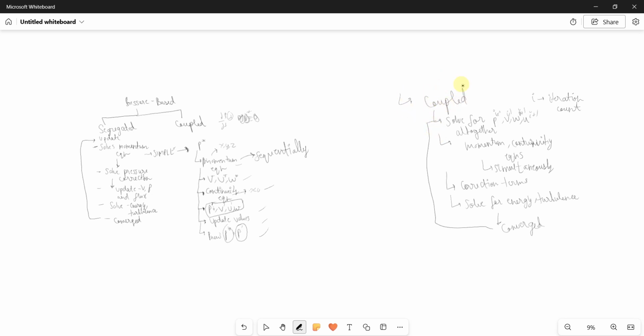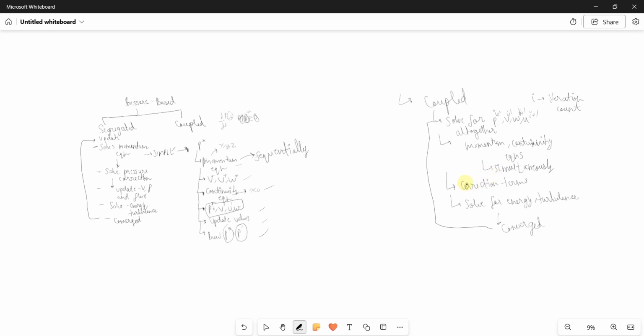So the segregated one happens sequentially. That's why it's called segregated. So it's slower. Your coupled is where you are solving for p, v, w, u, and any parameters. It's not necessary that it's only these, p, u, v, w, it can be any other parameters. In coupled, you solve all these equations, that is your momentum and continuity together, and you solve for p, v, w, and u simultaneously.